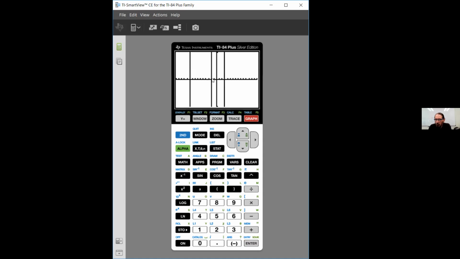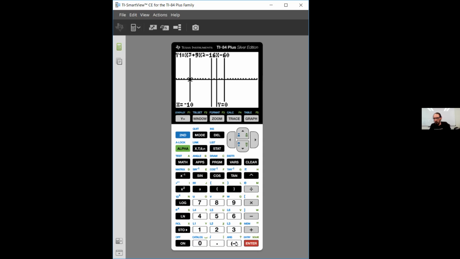So there are 3 real zeros, whether they're all rational or not. This one looks to be perhaps at negative 10. So I'm going to trace there. Negative sign. There we go.